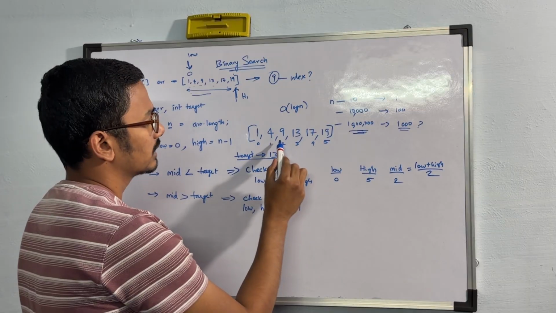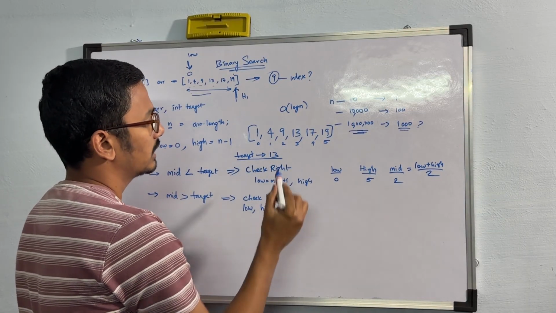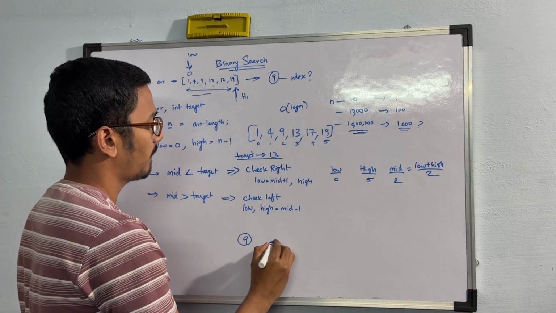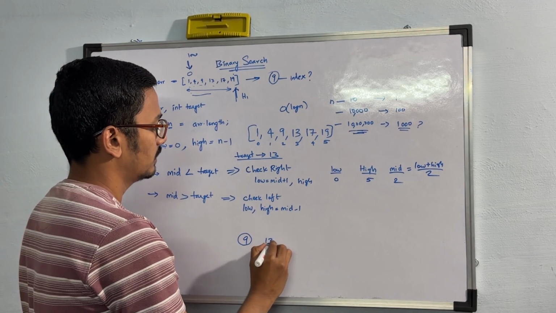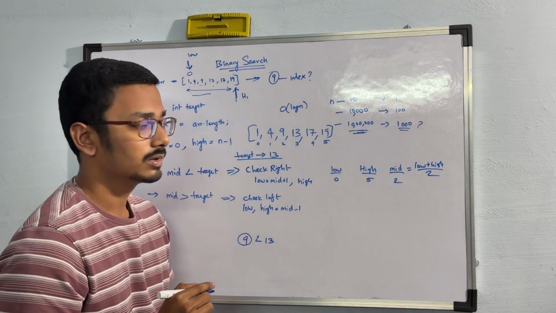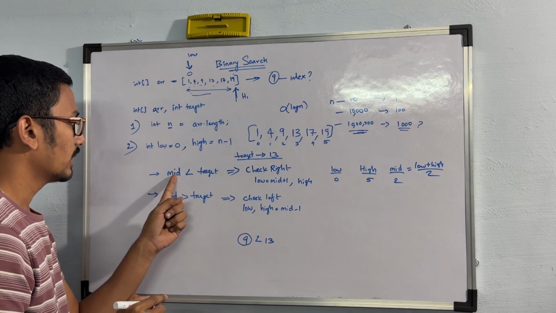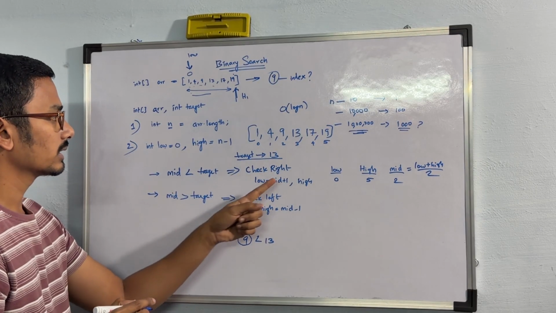So at the second index the value is 9. So the mid value is 9 and the target is 13. So 9 is obviously less than 13. So we have to check the condition: if mid is less than target, we have to check right.